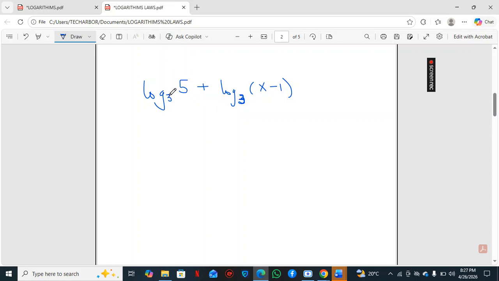So if you see log base 3 of 5 plus log base 3 of x minus 1, just because there's an addition sign here, you're going to apply the product rule, which is rule number one.